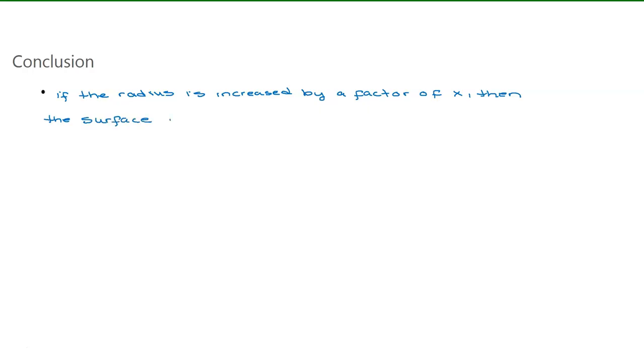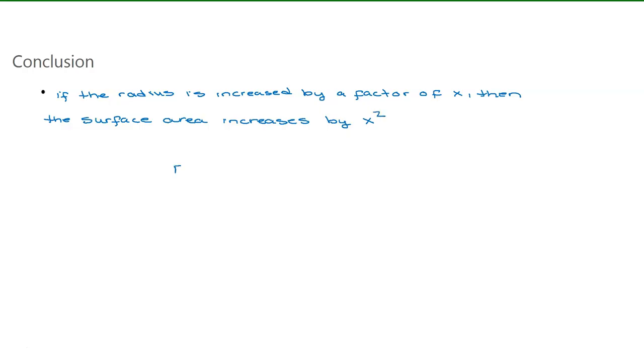I'm going to say that if the radius is increased by a factor of x, then the surface area increases by x squared.